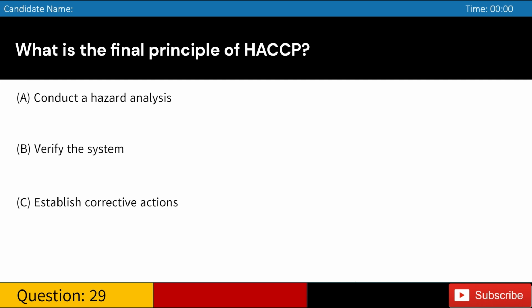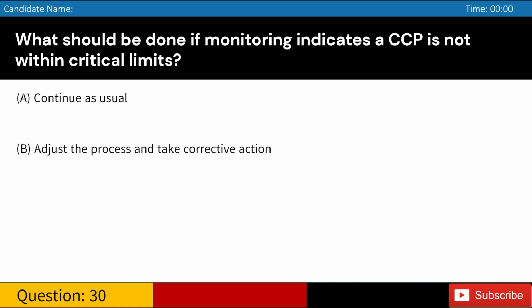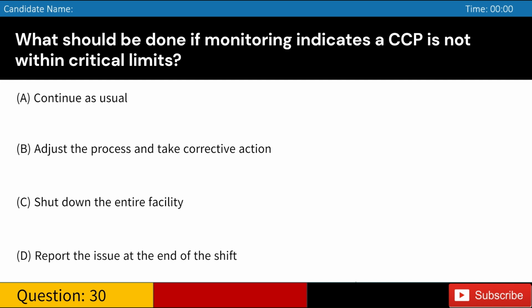C. Establish corrective actions. D. Keep records. Answer B. Verify the system. What should be done if monitoring indicates a CCP is not within critical limits? A. Continue as usual. B. Adjust the process and take corrective action. C. Shut down the entire facility. D. Report the issue at the end of the shift. Answer B. Adjust the process and take corrective action.